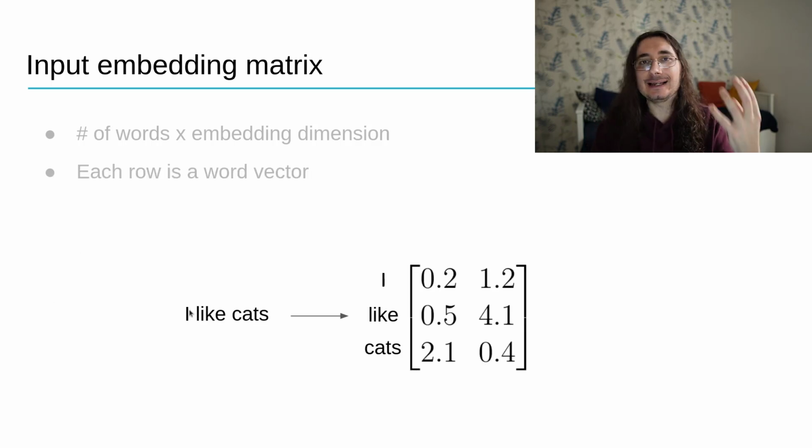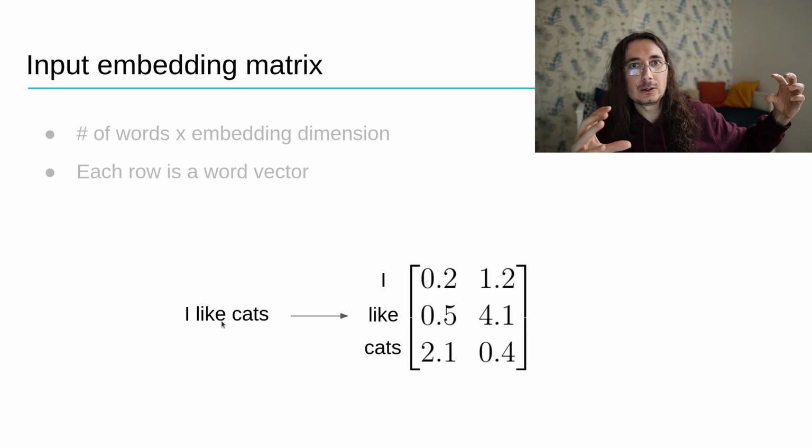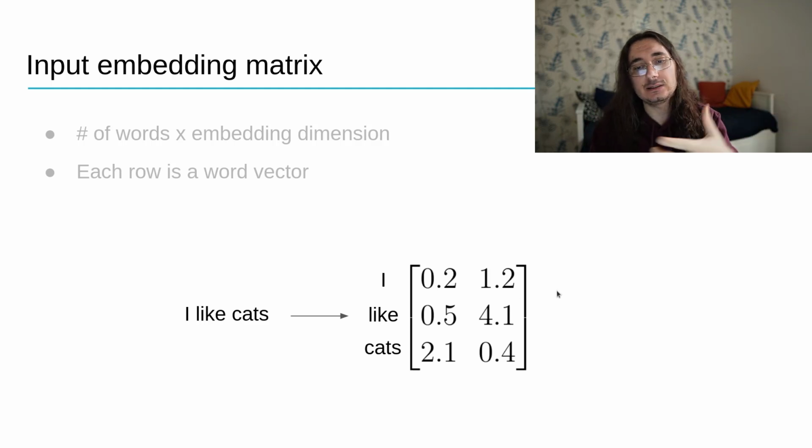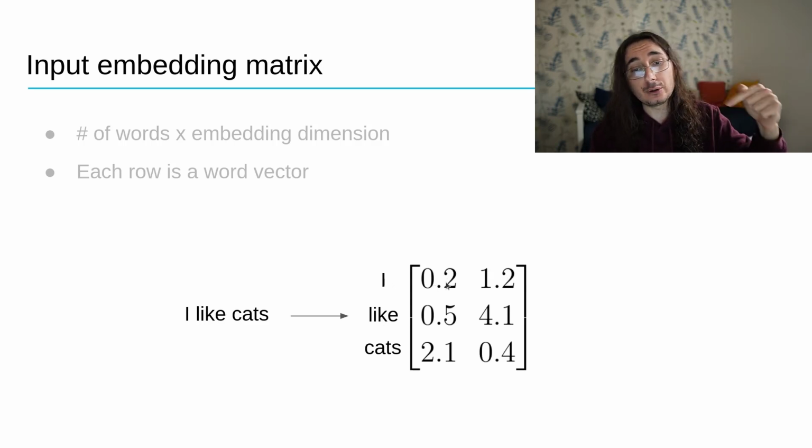Here's an example. I like cats. So we get this natural language sentence, I like cats, and we convert that into this matrix. You see each row is a word, and here we have the associated embedding values, embedding features, for each one of these words.